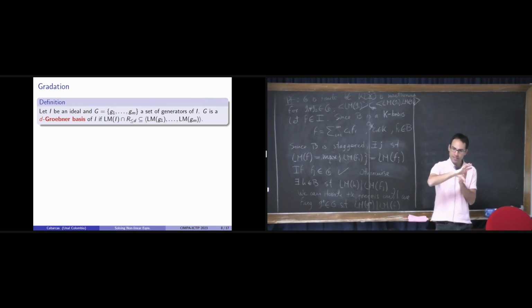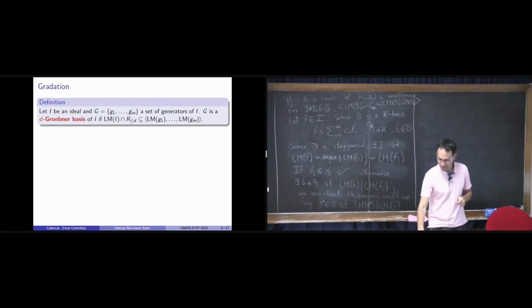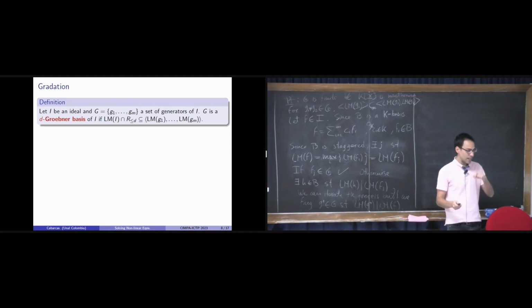So, Groebner basis up to a certain degree. And once we have that, we will see that eventually there's going to be some degree in which we actually get a Groebner basis.